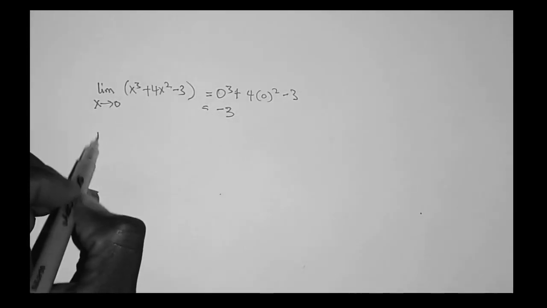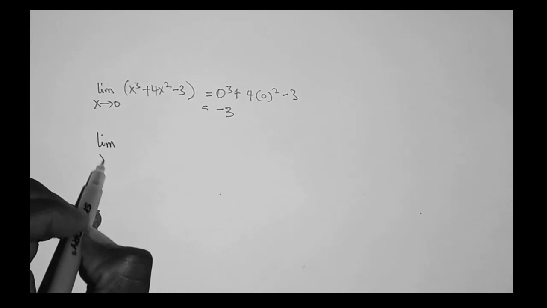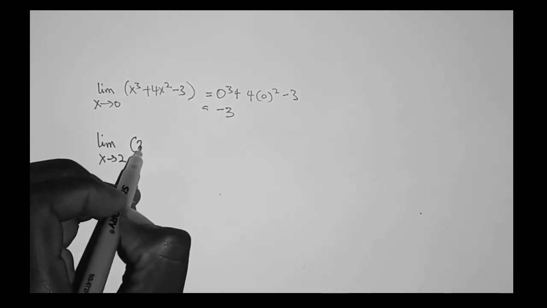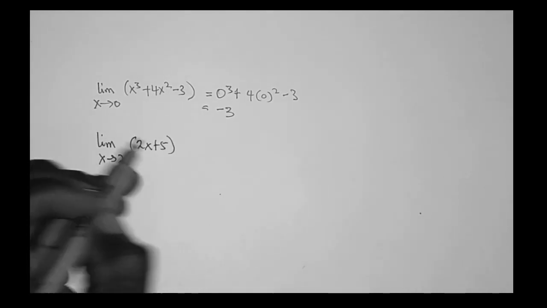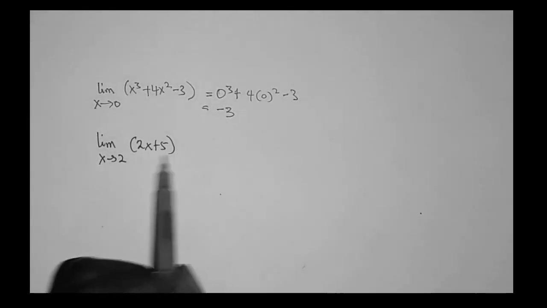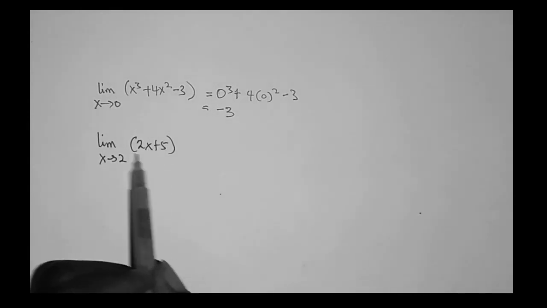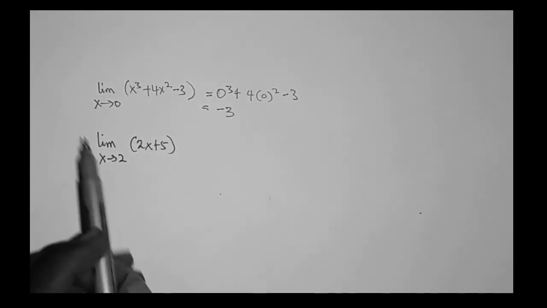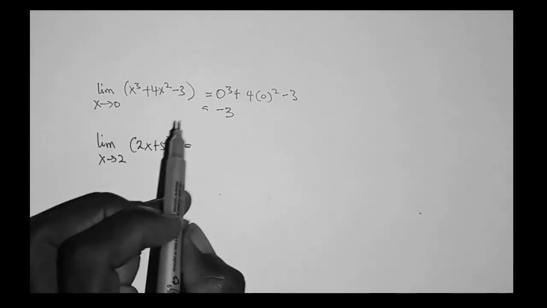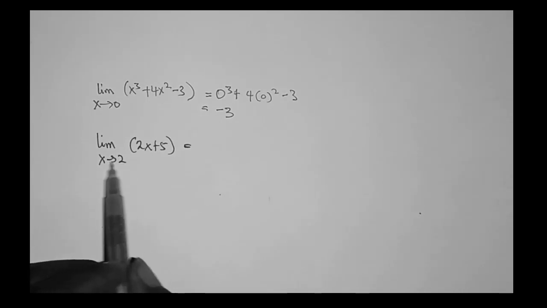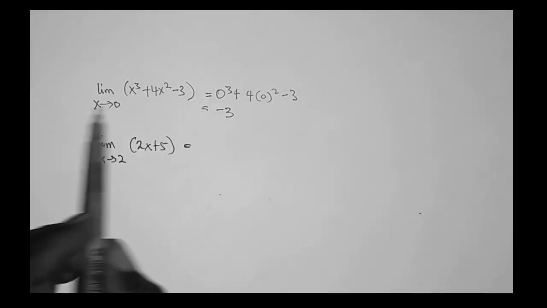Now let us also find the limit as x approaches 2 of 2x plus 5. This one too is straightforward. This is a binomial, so wherever you see x in this function, you just put 2. Whenever you are substituting the value, you don't repeat the limit again.